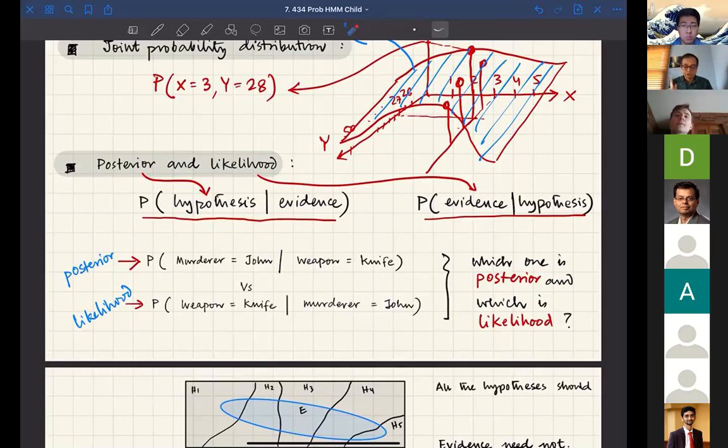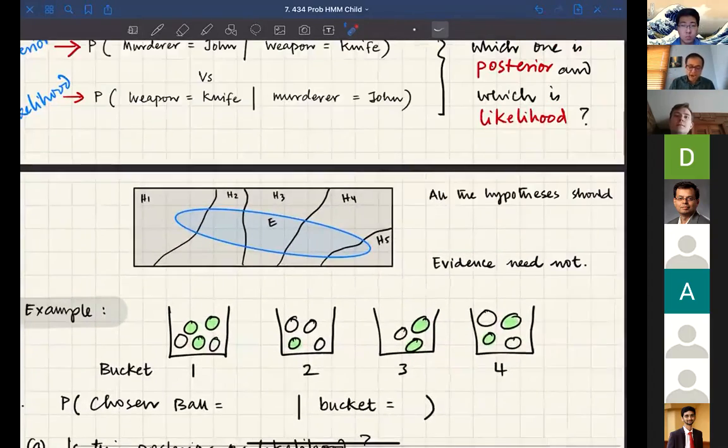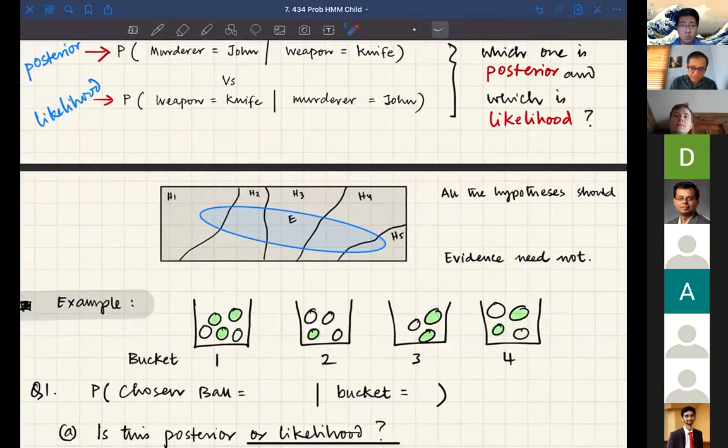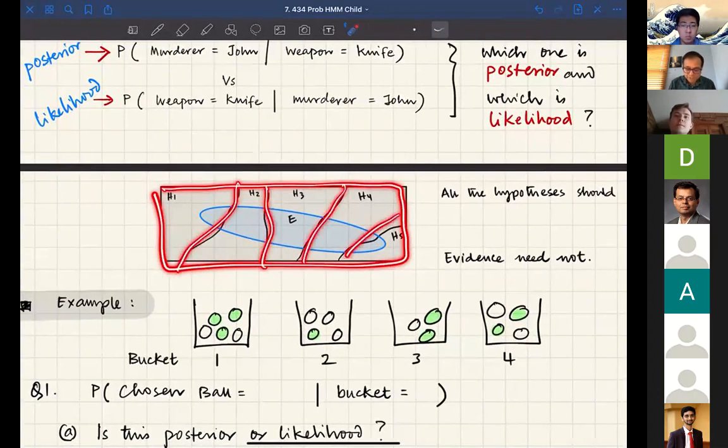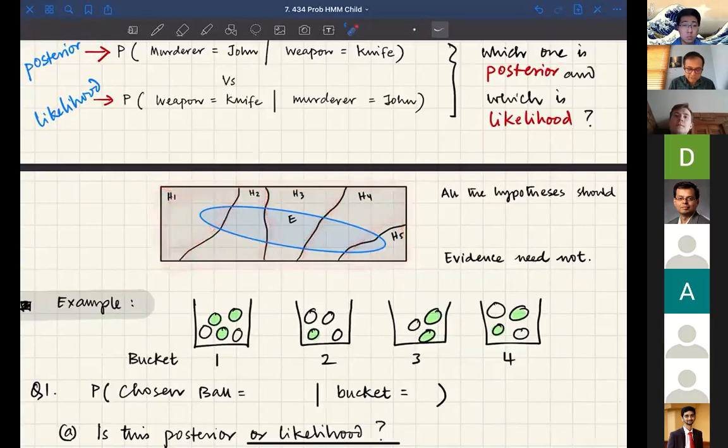So you should think about this as hypothesis covering the whole sample space. This is hypothesis 1, this is hypothesis 2, this is hypothesis 3, this is hypothesis 4, this is hypothesis 5. And evidence is some event that has happened that need not cover the whole sample space.